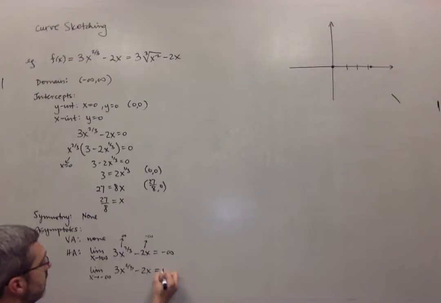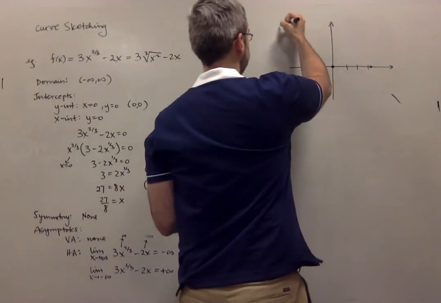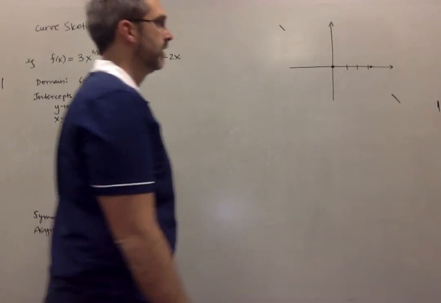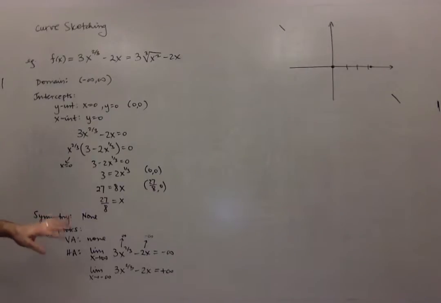So this thing right here is going to positive infinity when x goes to negative infinity. So when x goes to negative infinity, the thing's going up to positive infinity. If that part is confusing, don't get too wrapped up in it. Okay? The point is we don't have horizontal asymptotes. There's no number that this thing is approaching. That's more the important thing that I want you to see here.